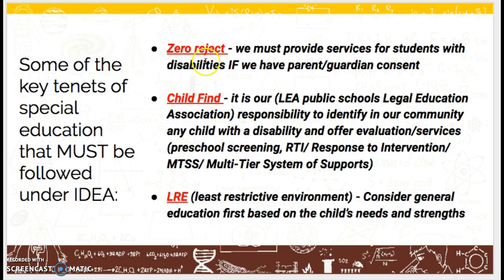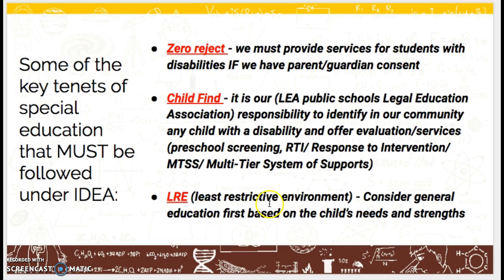The first principle is called zero reject, which means if a student qualifies for special education services and we have parent consent, we must provide services. Child find means that it is the responsibility of every LEA, which is the Legal Education Association, in other words, your public school district, to look within the community and identify any students who might have a disability to offer evaluation services, screenings, and intervention services as needed.